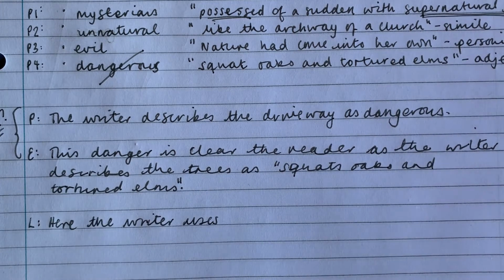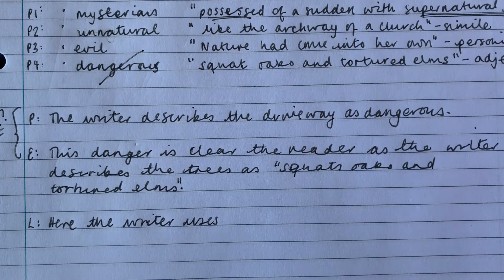Now, I could just write adjectives. I could just write here the writer uses adjectives. I always think, actually, when you're using a word form in an answer for an analysis question, or whenever you're analysing language, you need to include an adjective to describe the word form. So actually, hilariously, we're using an adjective to describe the adjectives here.